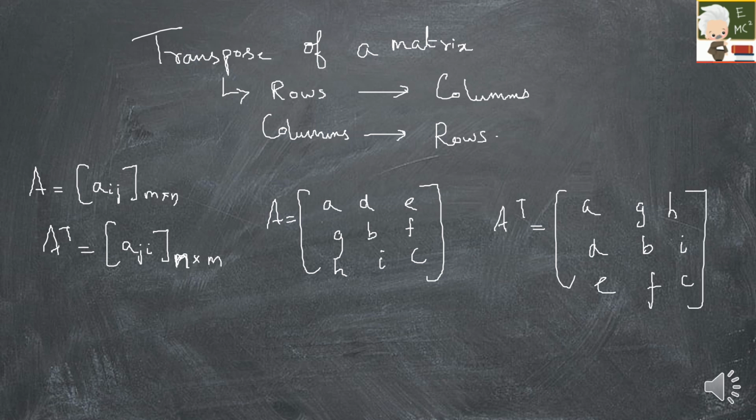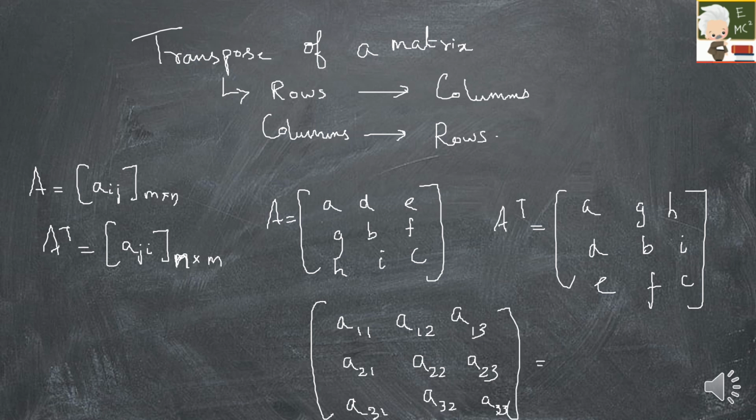Still, if you want a clearer example, I will write it out. If I have A11, A12, A13 and A21, A22, A23 and then A31, A32, A33, these get transposed.